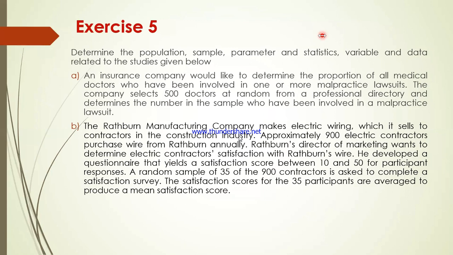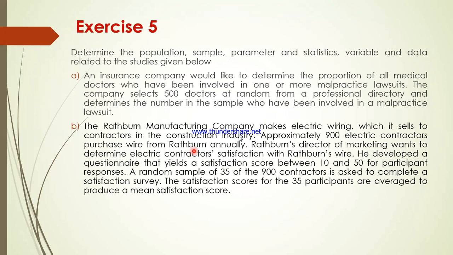So how can you write the answer clearly here? 900 electric contractors who purchase wire from Rathburn annually. You have to describe your population. This is the answer for the population.